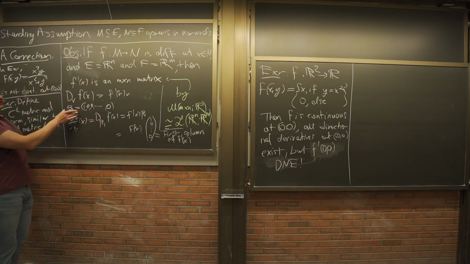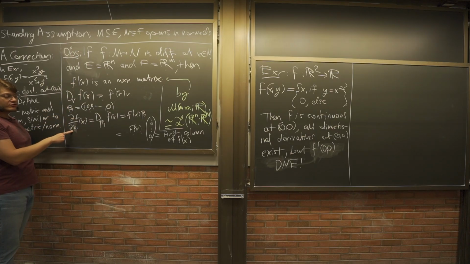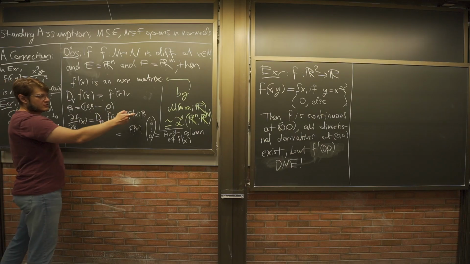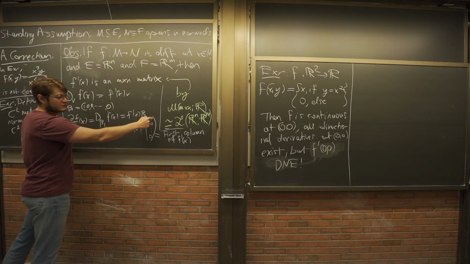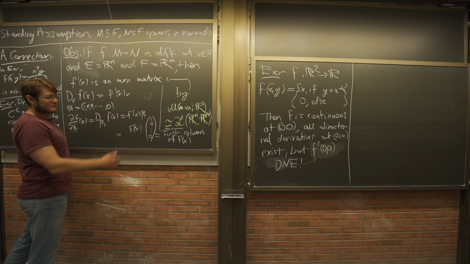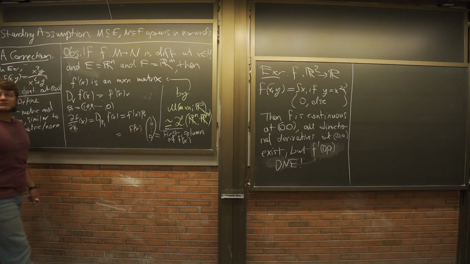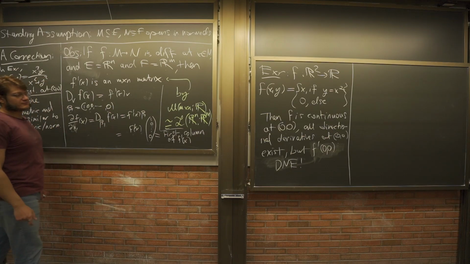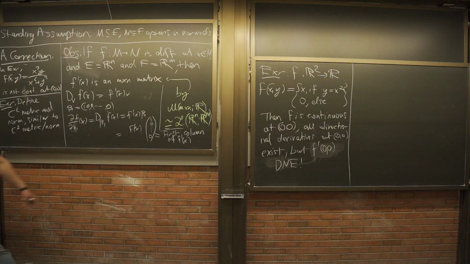And likewise, if I were to feed into this the second standard basis, that would correspond to the second partial, second directional derivative, f prime of x applied to the 0, 1, 0, 0 matrix, which would correspond to the second column of f prime. Does this make sense? So this is how you would index into f prime of x, by feeding it nice column matrices.